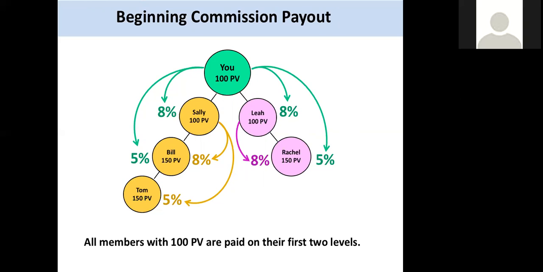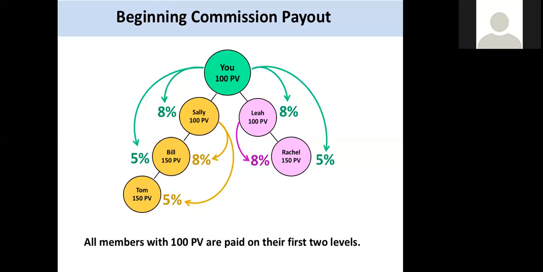And then Bill is second level to you, and you're going to receive the 5% unilevel commissions from Bill's volume. And then you'll notice that Bill has personally sponsored Tom, and it shows that Sally is going to get 5% of unilevel commissions off of Tom's volume, because Tom is second level to Sally.